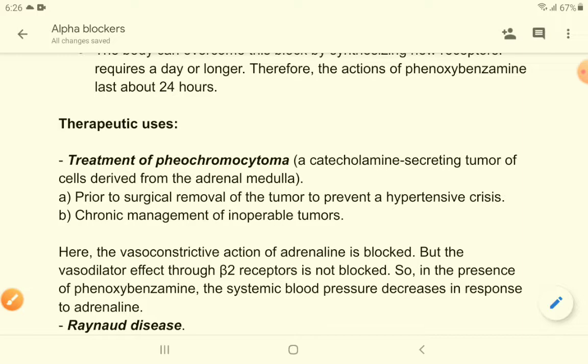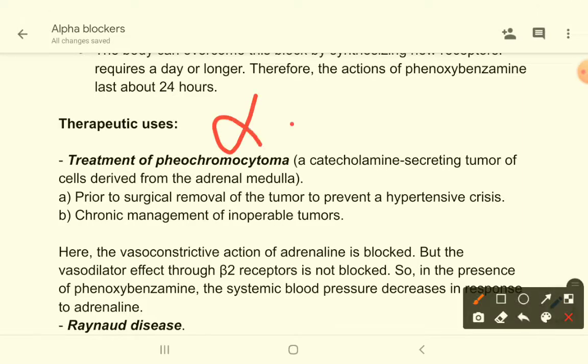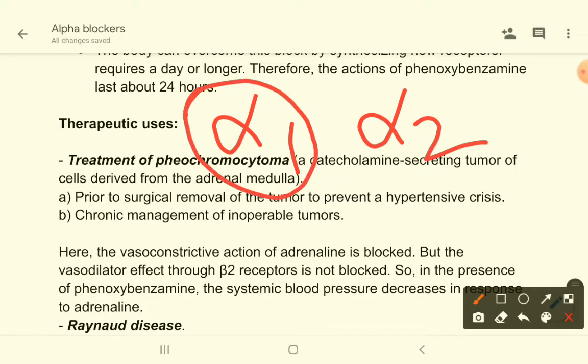That means it will block both alpha 1 and alpha 2. Alpha 1 receptors are present in certain blood vessels, and the function of alpha 1 receptor is vasoconstriction. When you are giving an alpha 1 blocker, that will not cause any further vasoconstriction, so there will be vasodilation.